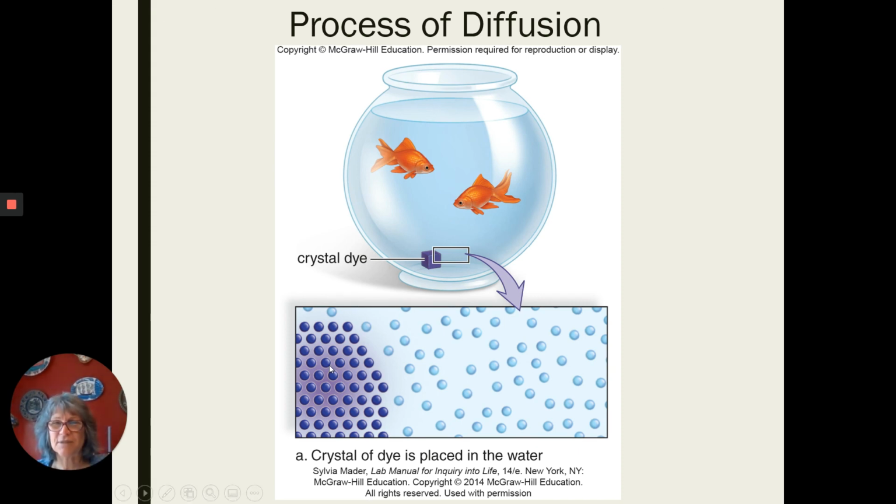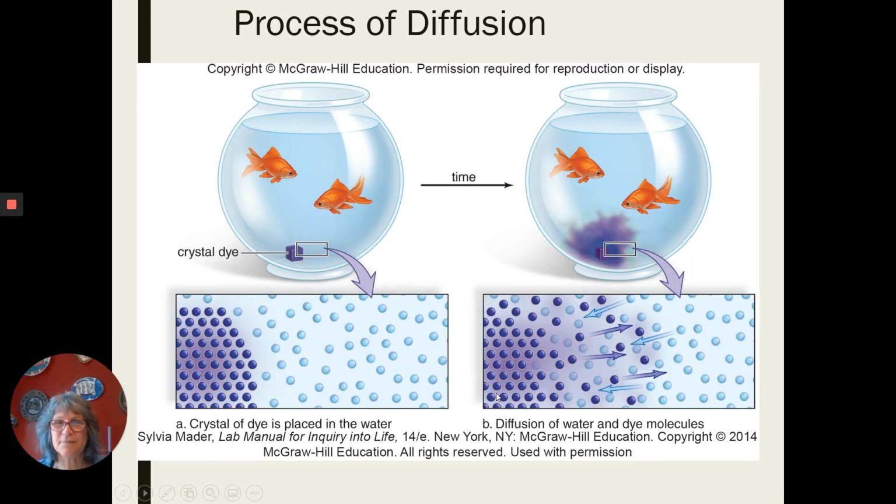When we're looking at diffusion, what we should see here is this crystal dye, a solid, diffusing. It starts out highly concentrated here. All the dye molecules are here. All the water molecules are here. Over time, diffusion will cause those molecules to start to move to where they are in lower concentration. When I'm talking about diffusion, I can be talking about any molecule. In this case, I have dye diffusing to where there's a lower dye concentration.